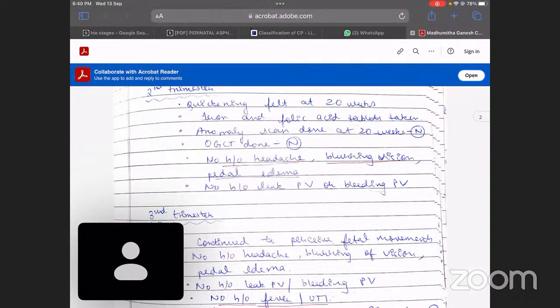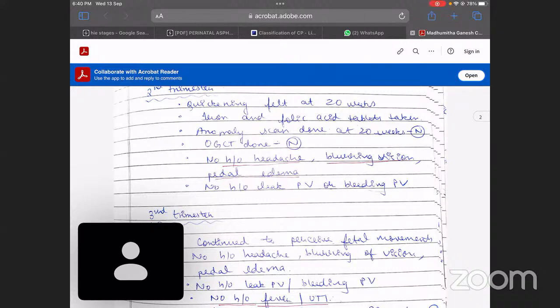This germinal matrix, when you see the ependymal lining of the third ventricle, below the ependyma, you have this germinal matrix. It's a richly vascularized structure, and this is where all your glial cells and immature oligodendrocytes are present.